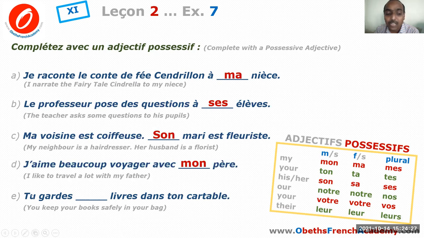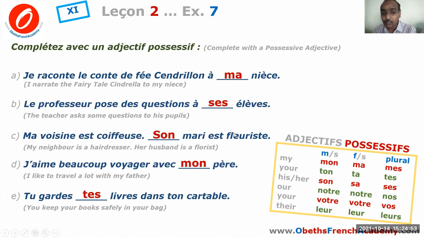Because the subject pronoun is tu. But which one is the right thing here? After the dash, the noun livres is in the plural form. So we need to put tes as our possessive adjective. Tu gardes tes livres dans ton cartable.